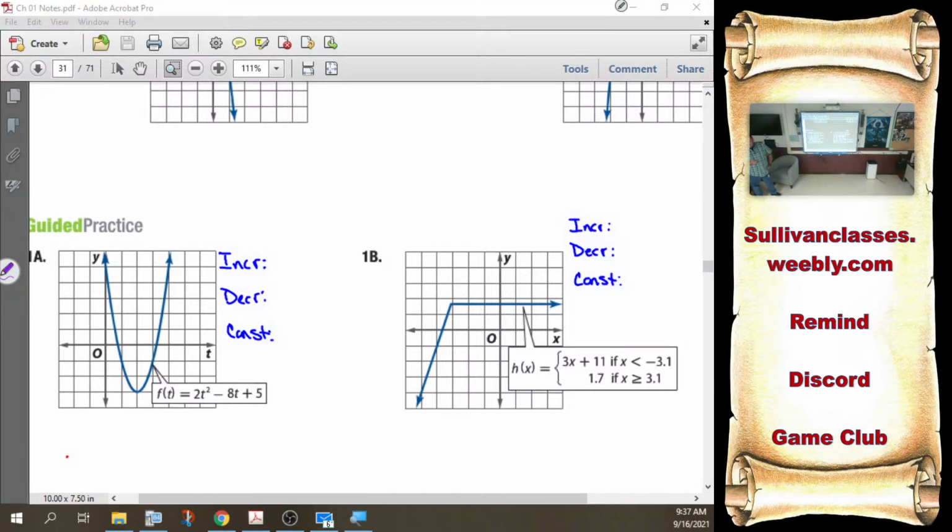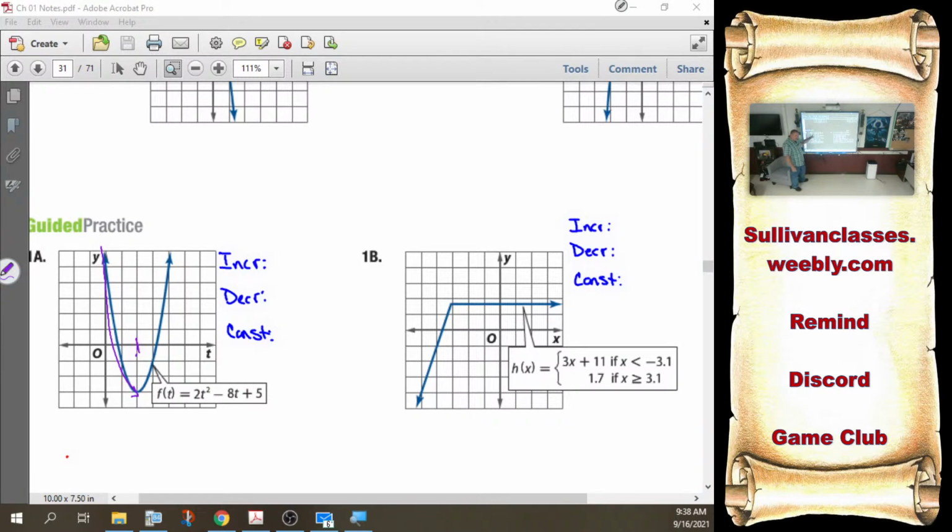Intervals of increase, decrease, or constant. First one. As I go left to right, my pen is headed down until I hit 2. Don't say -3.